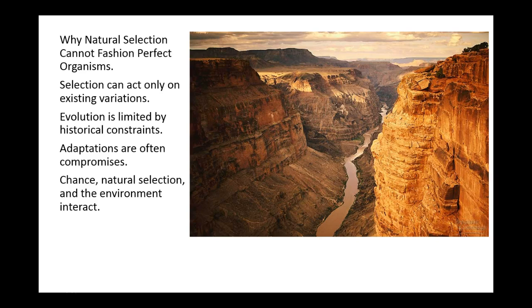It will be a while before they will either not make it, or it'll be a while before they're able to evolve and become more adaptable for that environment. So there are many reasons why the perfect hasn't happened, and however you define perfect organism, that's a whole other story, but there are things to think about when you're thinking about evolution and natural selection.